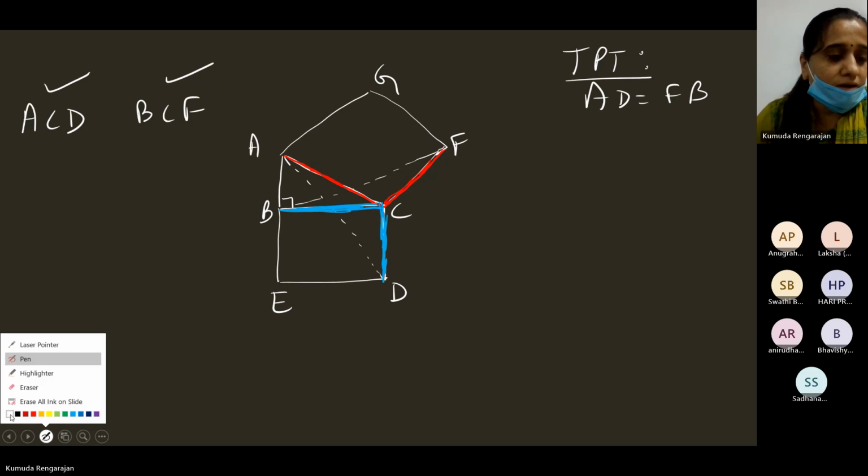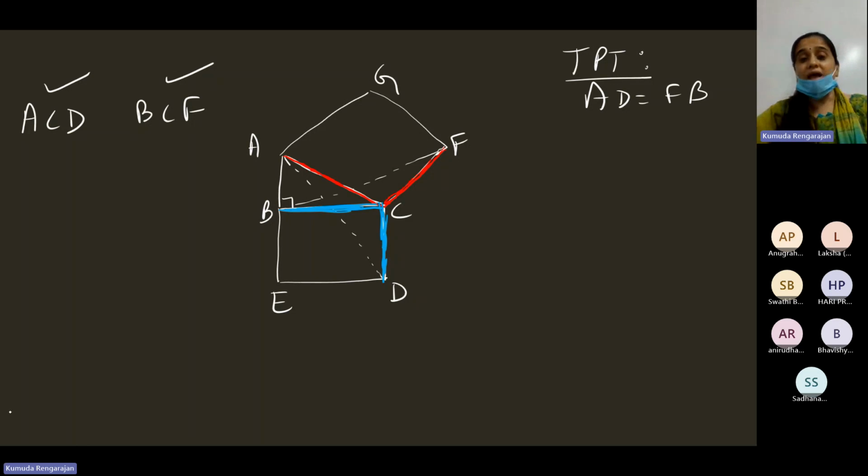All right. Now I have darkened two sides with red, right? Because AC and CF are the sides of the square ACFG, the square which is described on the hypotenuse.